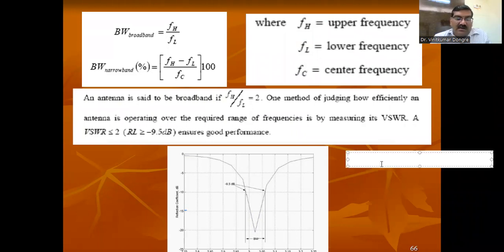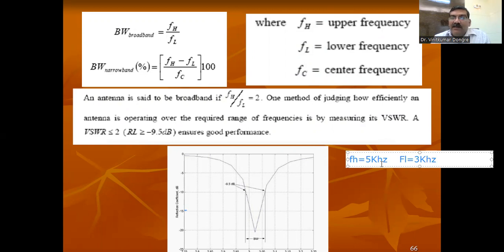My higher frequency FH equals to suppose 5 kilohertz, and my FL, lower frequency, equals to 3 kilohertz.